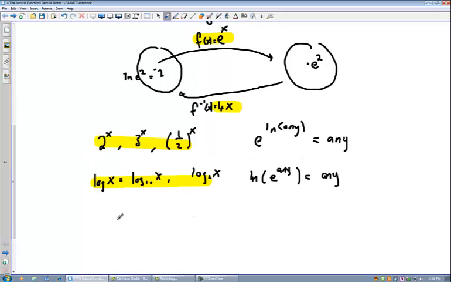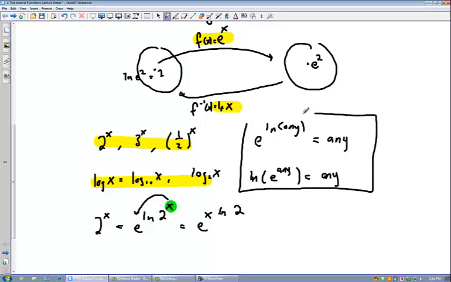If I want to understand everything possible about 2 to the x, I can write this as e to the ln of 2 to the x. And then we're going to see a property of logarithms, which you've probably seen before, will allow us to take this x and write it down in front. And so here we're going to write this as e to the x ln of 2. And these are the two sayings that I'll have you memorize. e to the ln of anything is the anything, and ln of e to the anything is the anything. And they'll help us later on.